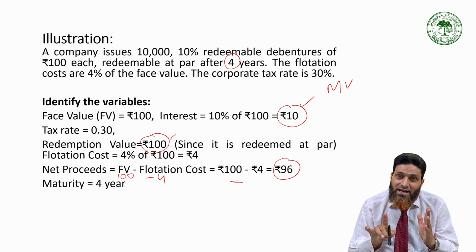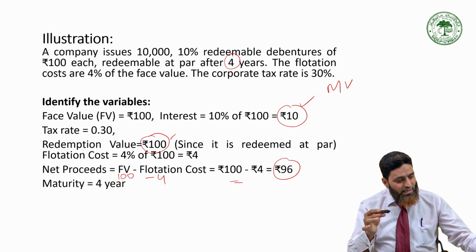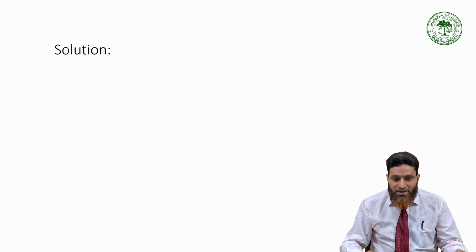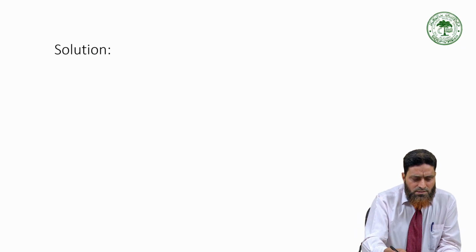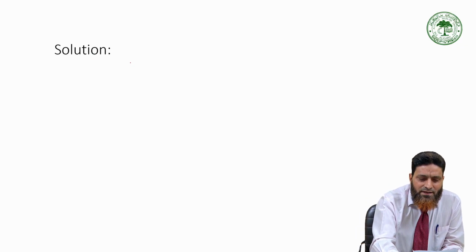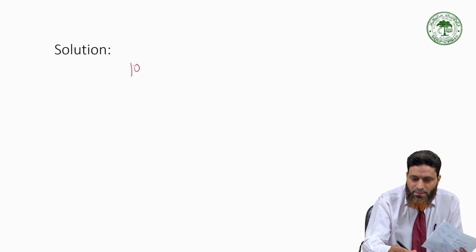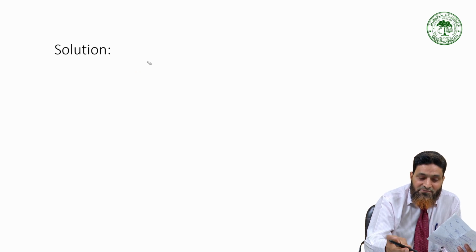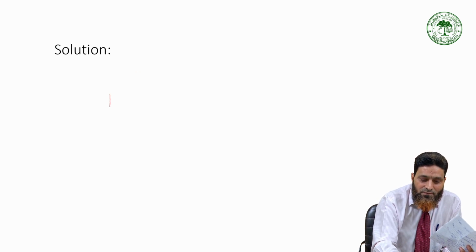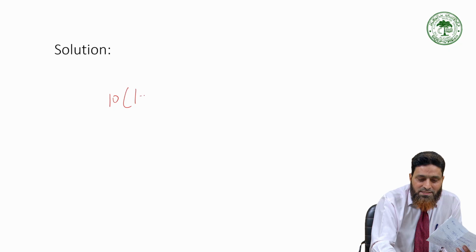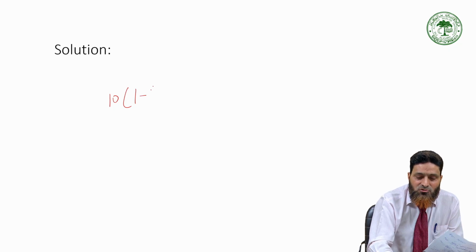But the 10 of interest you have to adjust with the tax factor. Suppose the amount of interest is given as 10. I will write the formula also: 10 into 1 minus t, tax rate is 30%, so 0.3.